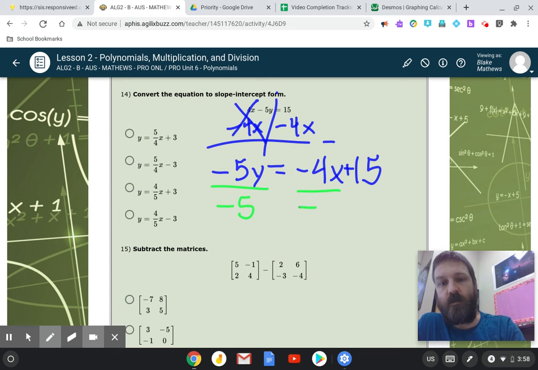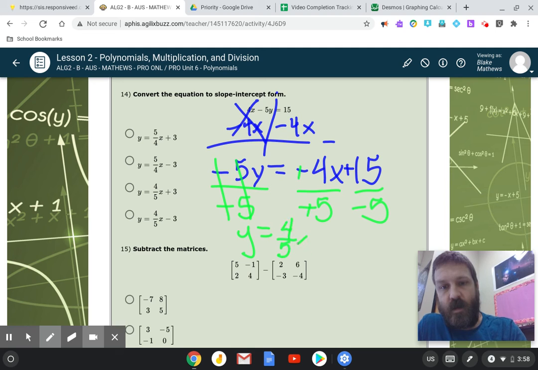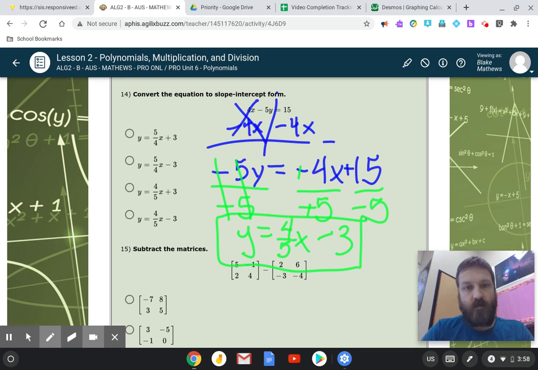Just to review, you move the x and then you divide by the y. This cancels out, leaving me with y equals, which is what I want. And then these negatives cancel, leaving me with 4/5 x. 15 divided by negative 5 is negative 3. And so that should be your final answer for number 14.